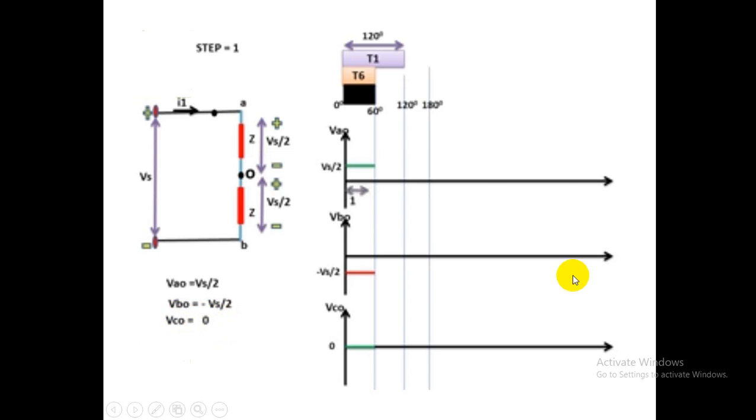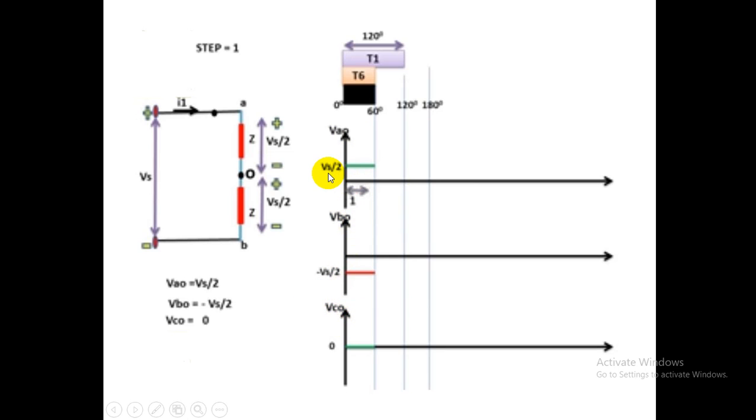So here we are taking some waveforms, phase voltage waveforms. Our three-phase system has two quantities, phase quantities and line quantities. Particularly in this case we are taking voltage values, phase voltage and line voltage. In the waveforms we can see the phase voltages. Look at this. This is VAO, the phase voltage, VBO is the phase voltage, VCO is the phase voltage.